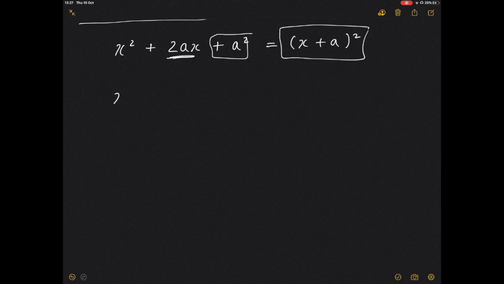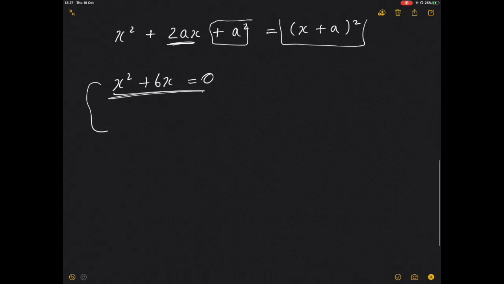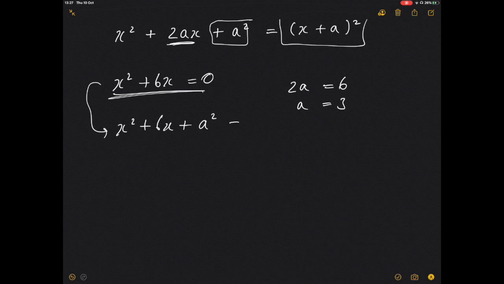Okay, so let's try it with some numbers. If we have something like x squared plus 6x equals 0, we want to now try and solve this, so we need to get it into this form. We know that 2 times a has got to equal 6, so 2a equals 6, so a has to equal 3. We can say that x squared plus 6x plus a squared equals a squared. Quite simple.